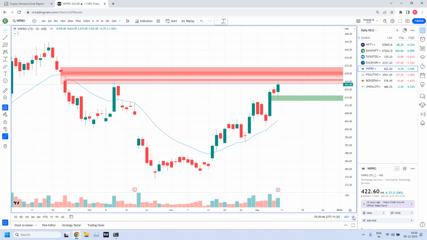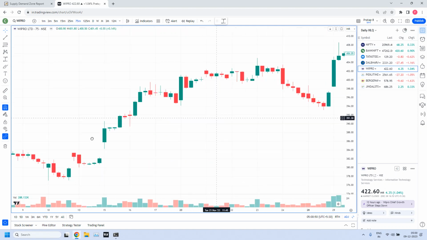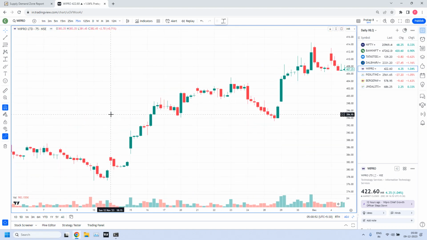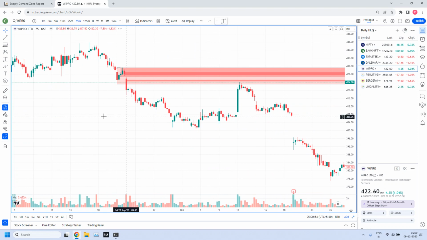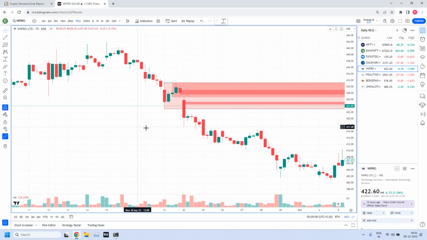So as per our rule, we go to the 75-minute time frame. Inside this daily zone, we will identify a 75-minute zone. Is there any 75-minute zone? Yes. We have a leg-in candle, three base candles, and then a drop candle with a gap.